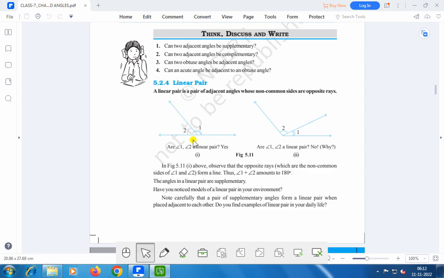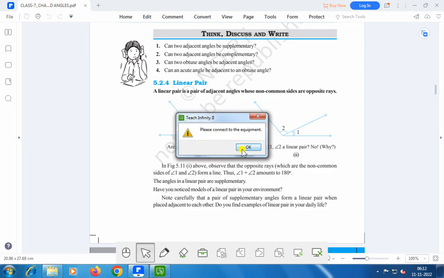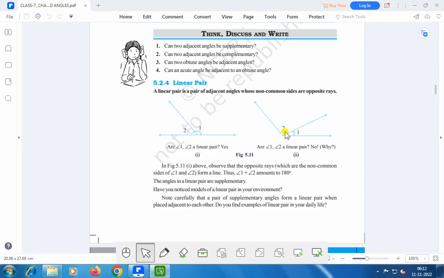That means it has a common vertex, a common arm and no common interior points, whose non-common sides are opposite rays. This ray is opposite to this ray. And here also you see that this is not a linear pair because this ray and this ray are not in opposite directions, not opposite rays.